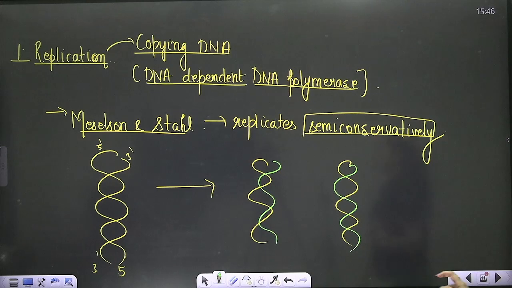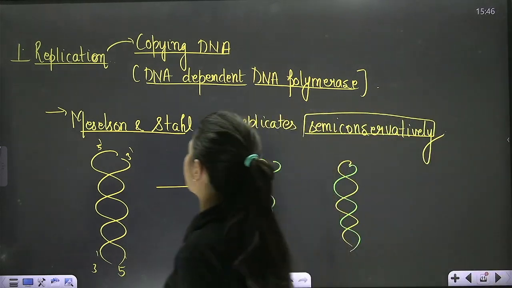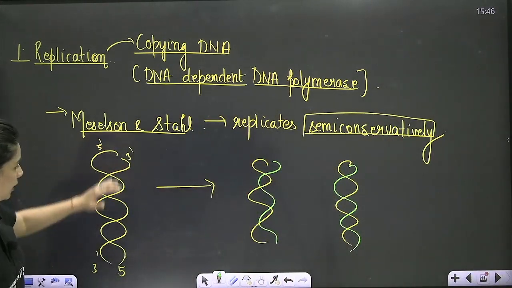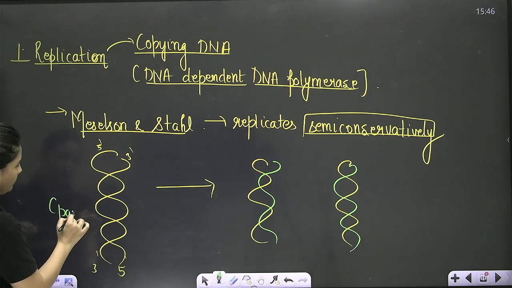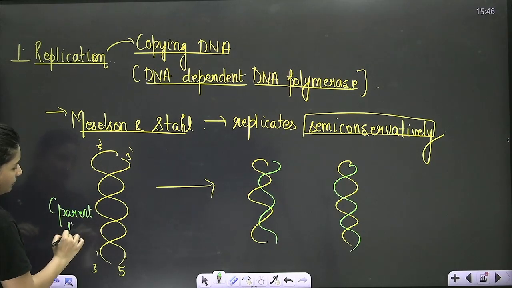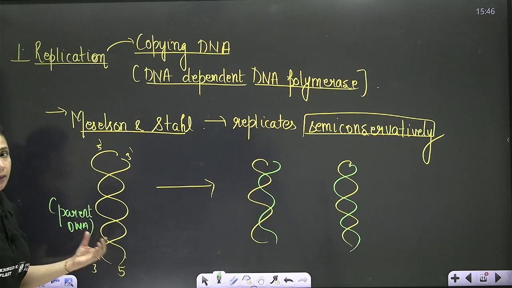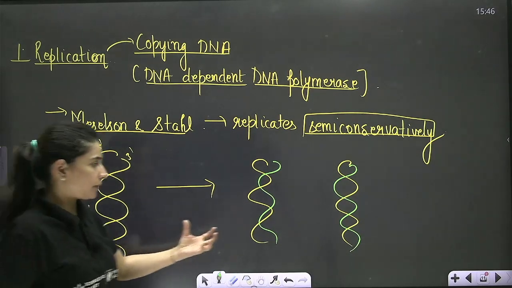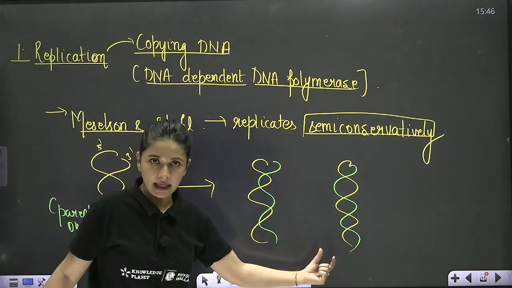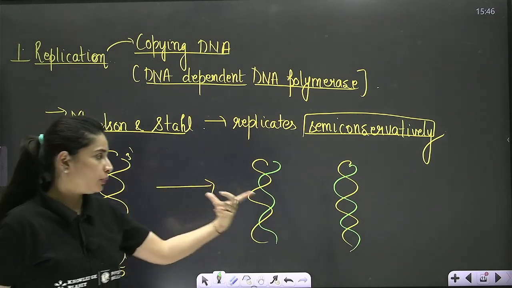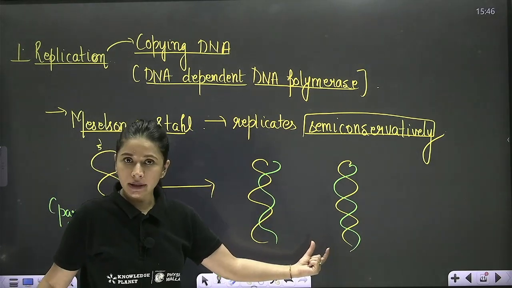In case of semi-conservative replication of DNA, if this is my parent DNA and it undergoes replication and produces new daughter DNA, from one parent we obtain two daughter DNA.